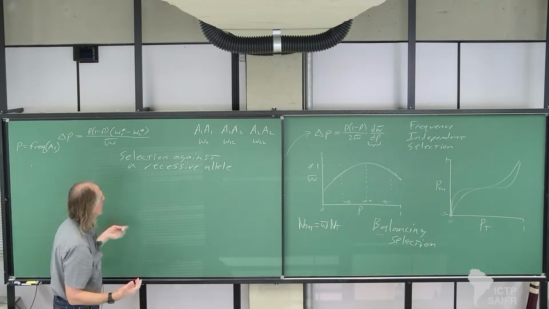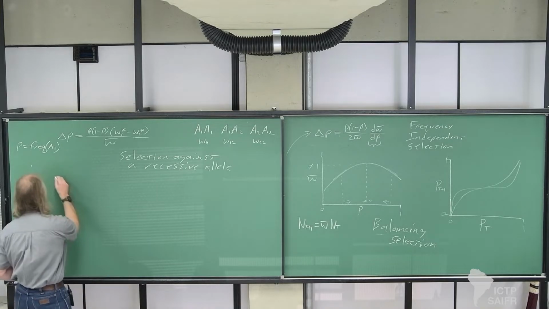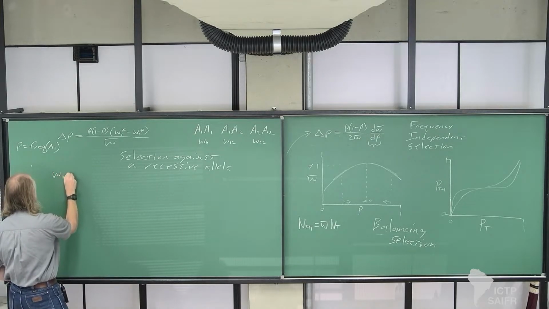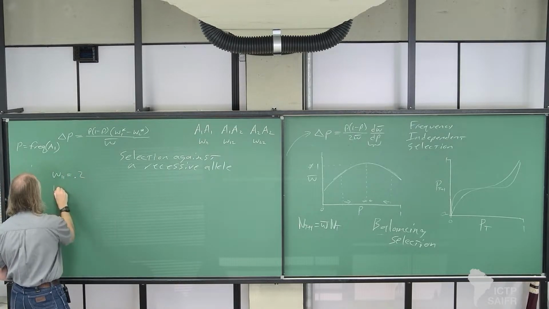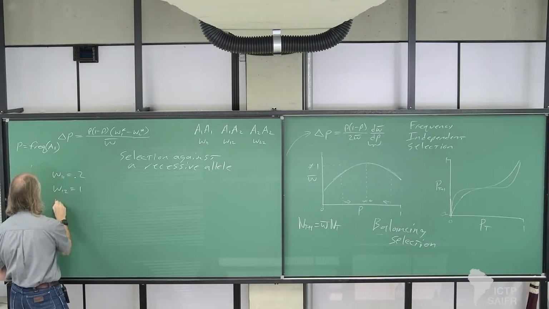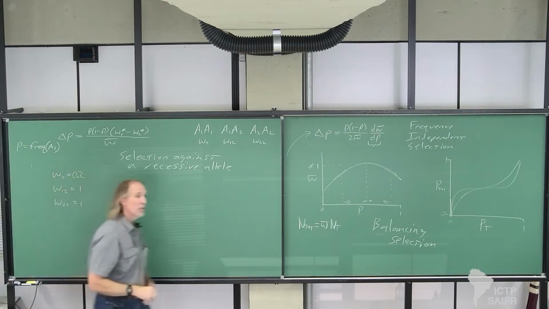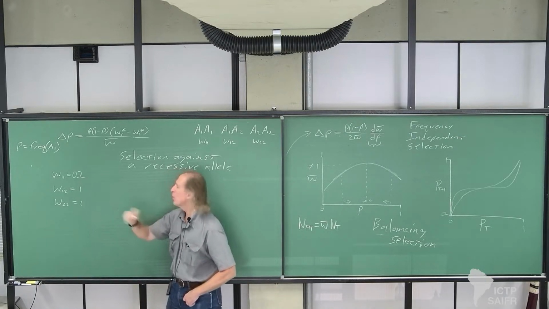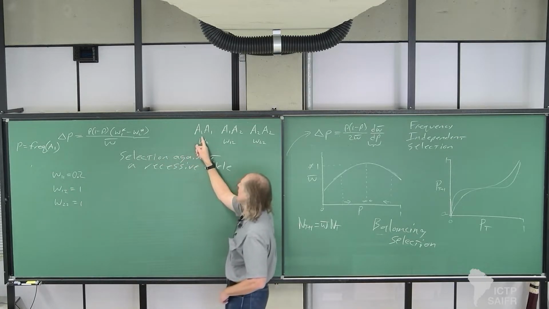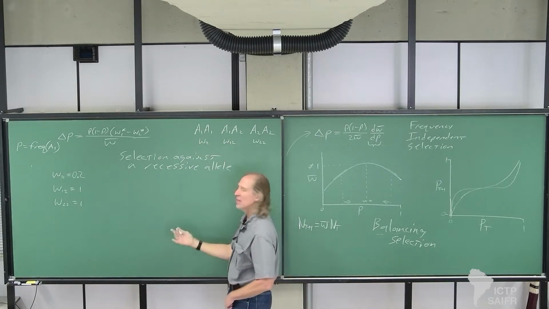So if I say, I'm going to use P for the frequency of A1, and W11 is, say, 0.2, W12 is 1, W22 is 1. This is selection against the recessive allele, right? We're selecting against the A1 allele, but only when it's homozygous, right? So when it's in a heterozygote, it's just fine. That's the meaning of saying it's recessive.